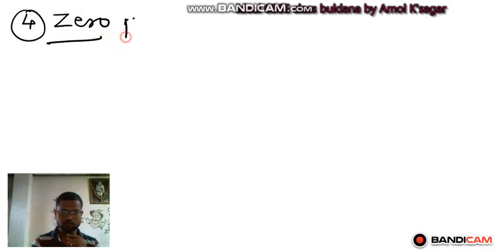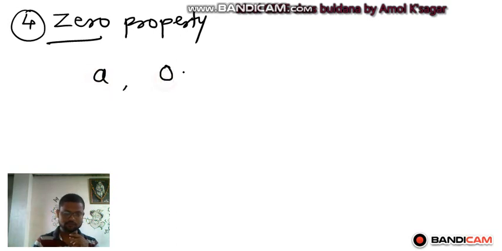Our next property, number 4, is the zero property. In this property, for any non-zero integer a, 0 divided by a, the answer is 0.